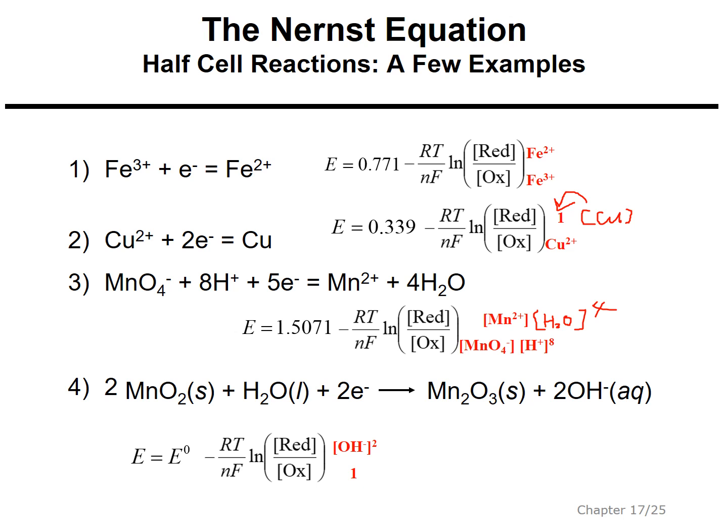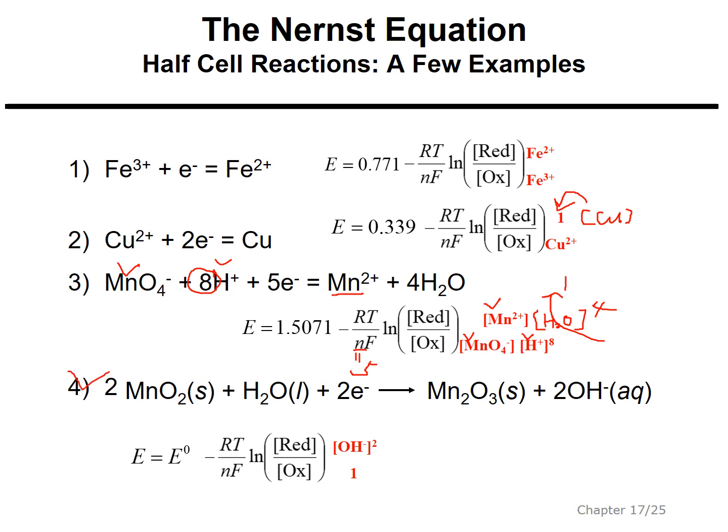However, this is the solvent. We have a lot of water molecules in the beaker, so it can be considered as one, like solid materials in the above example. The other thing is Mn2 plus on the numerator, and in the denominator MnO4 minus and H plus to the 8. Of course, n is equal to 5.